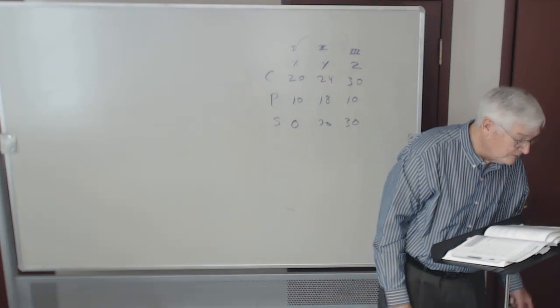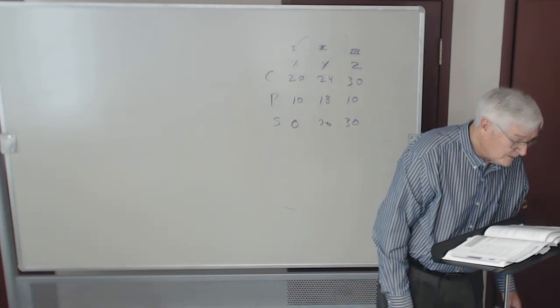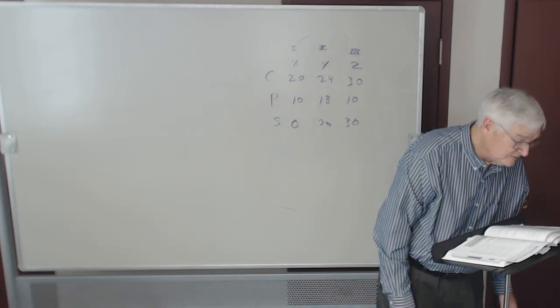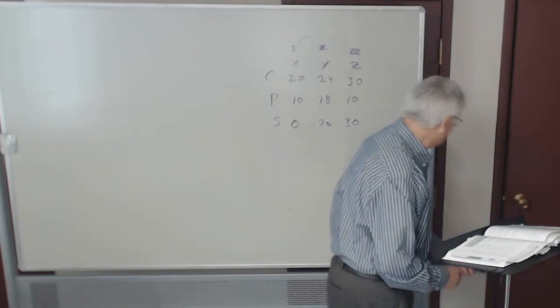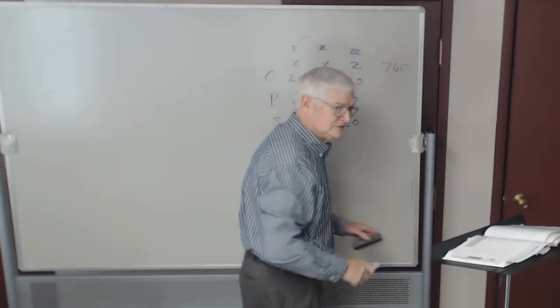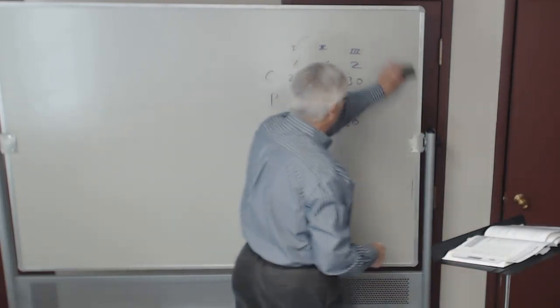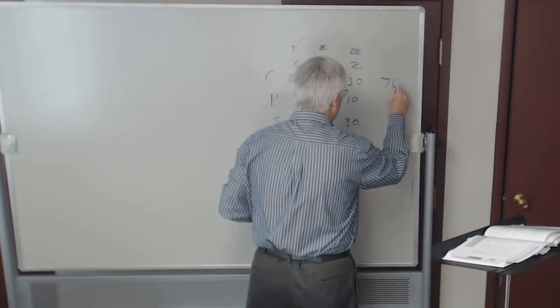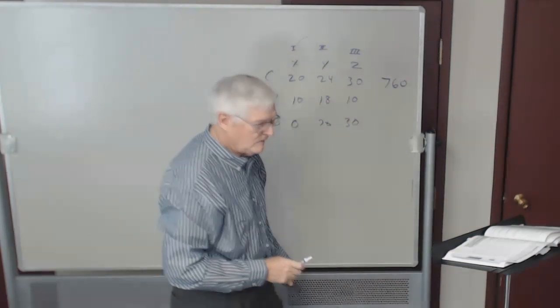Now, what does it tell you in problem 13? The total daily sales for candy was what? 760. Candy from all three machines was 760.